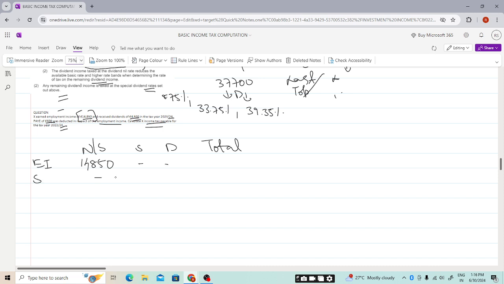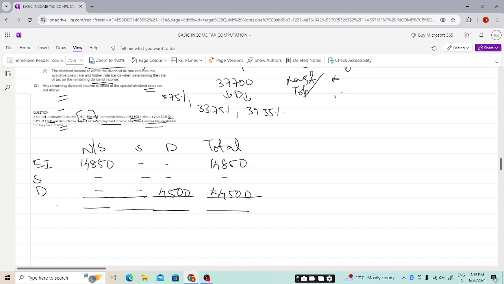Then no saving income, so total of saving income will be 0. Dividend income, they have given the dividend income of 4,500 pounds. So this will be our total income. 14,850, saving income 0, dividend it will be 4,500, and total of this will be 19,350.